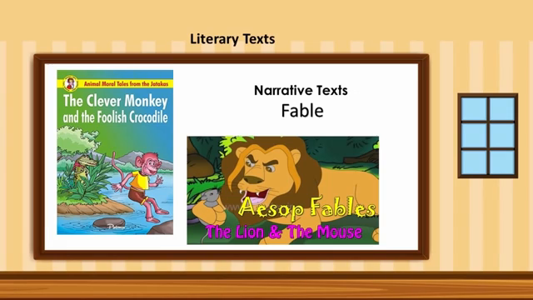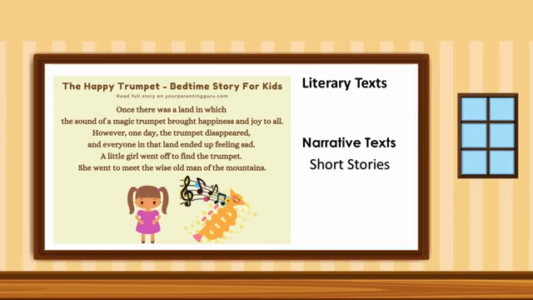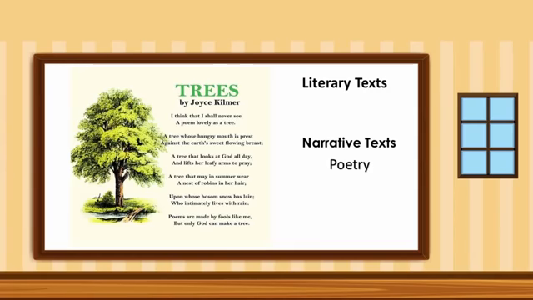Narrative texts like fable. Examples, The Clever Monkey and the Foolish Crocodile, and Aesop's Fables, The Lion and the Mouse. Narrative texts, short stories. The Happy Trumpet, bedtime story for kids. And the last one is narrative text, poetry. Example, Trees by Joyce Kilmer.